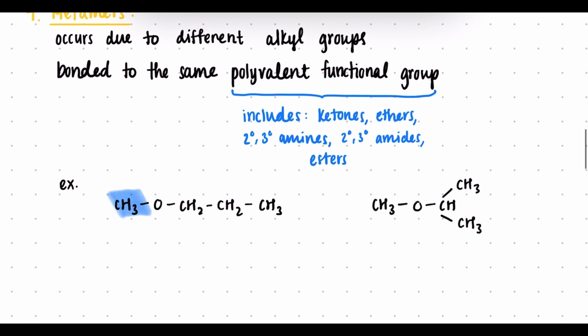We've got a CH3 group and a 3-carbon alkyl group on the other side. So one side has only 1 carbon, and the second side has a 3-carbon linear chain, in which the ester group is attached to the first carbon.